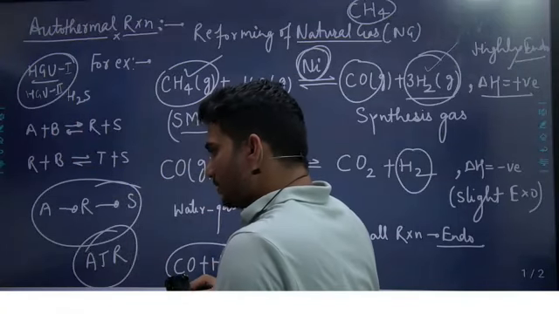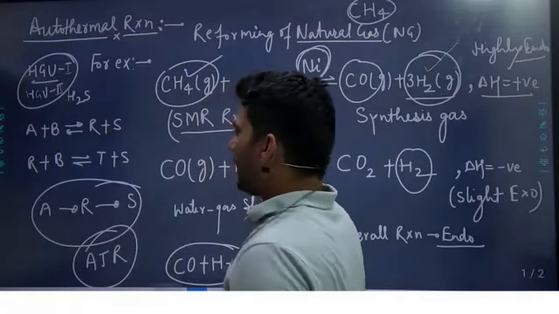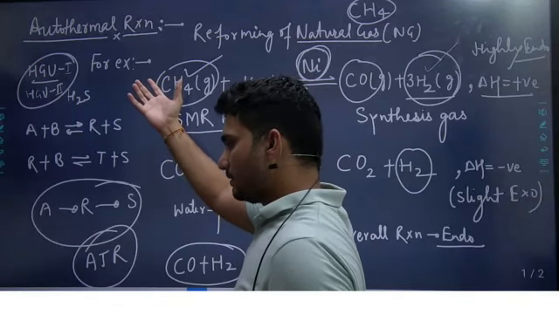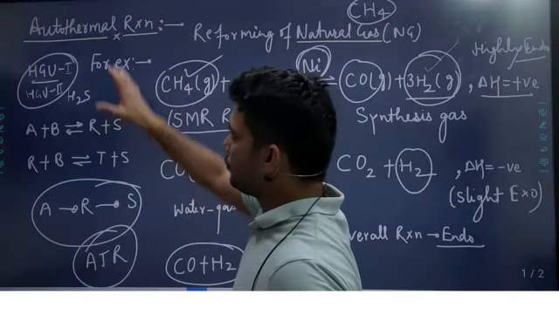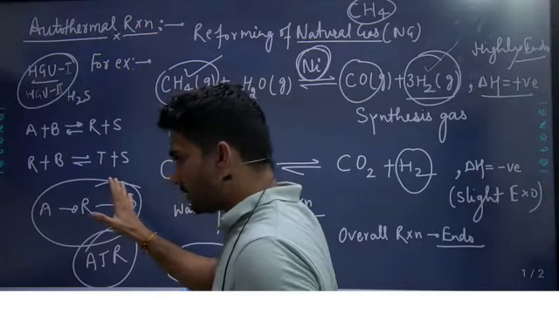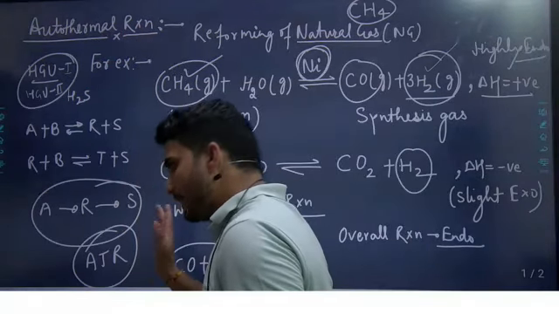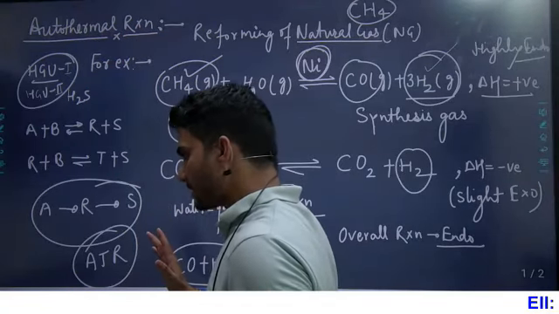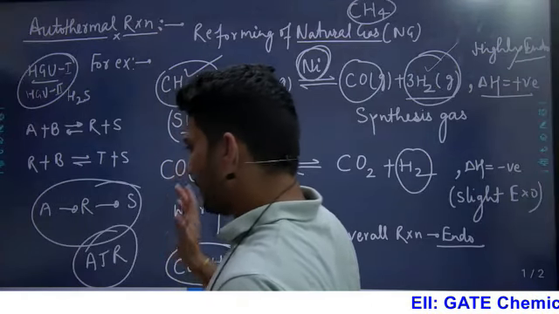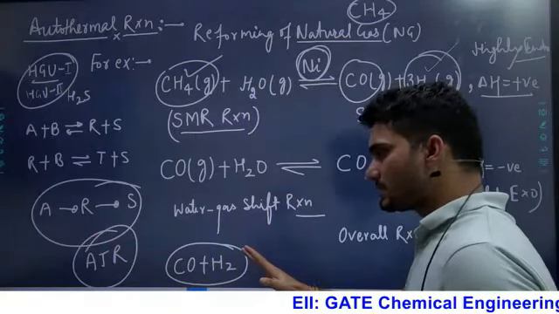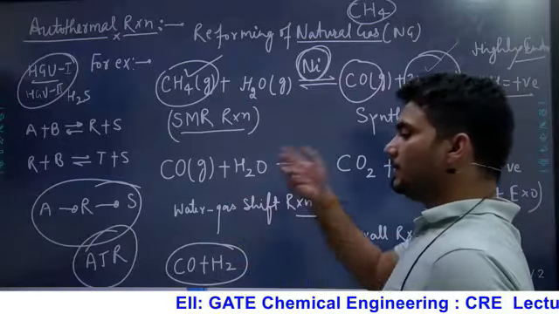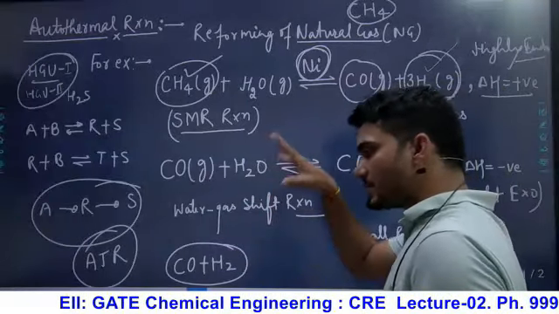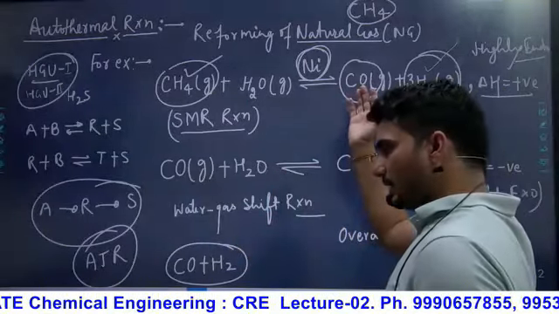Within my reformer, I take this energy by burning the fuel, so I say it is autothermal. All endothermic reactions are not autothermal reactions. Endothermic is different, exothermic is different. Autothermal means we take the energy from that same unit for my endothermic reaction.